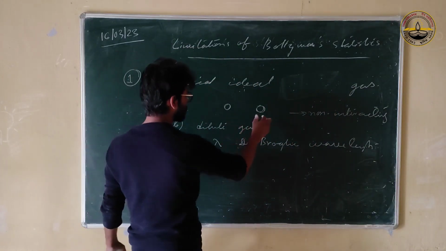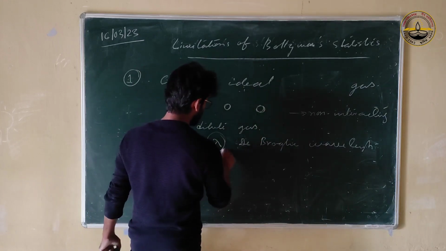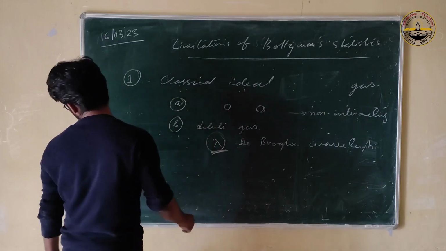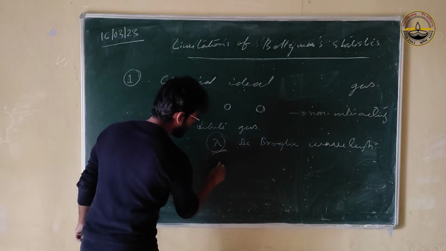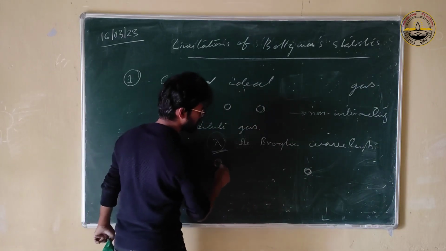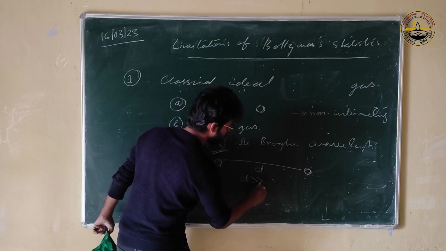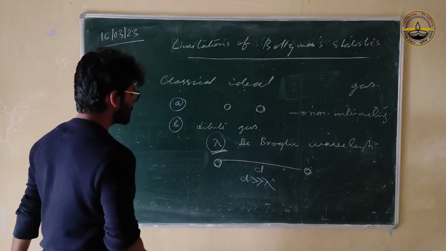From that you find out the momentum, and from that you find the wavelength of the matter wave, quantum wave associated with the probability wave associated with those particles. Your average separation between two particles, if it is d, then this d must be much larger than this lambda.